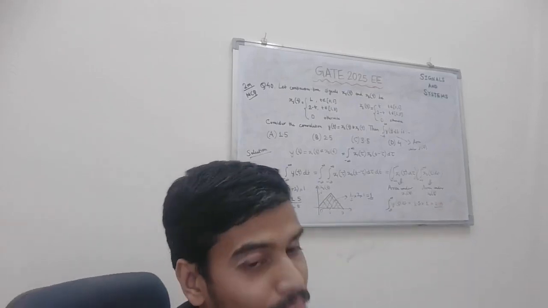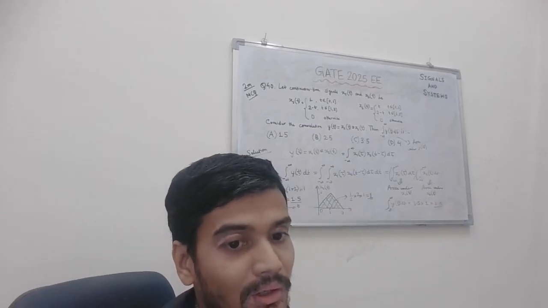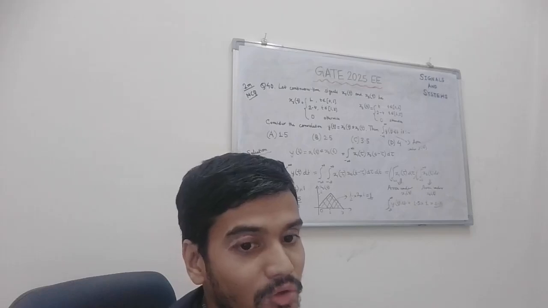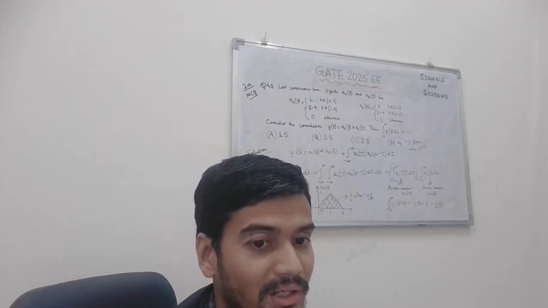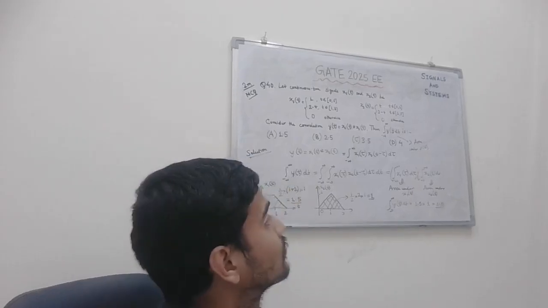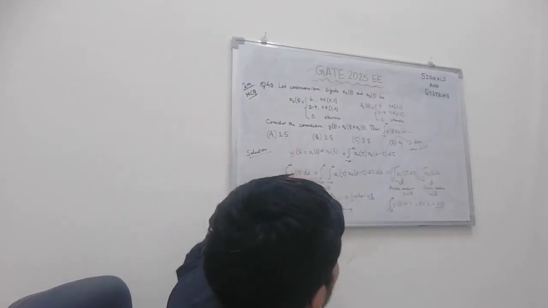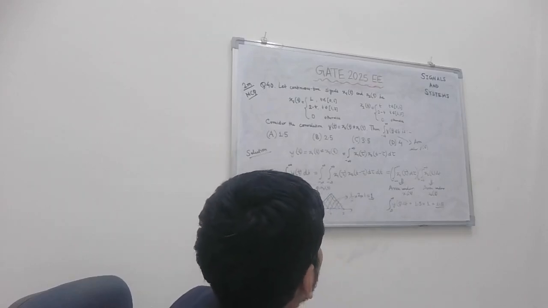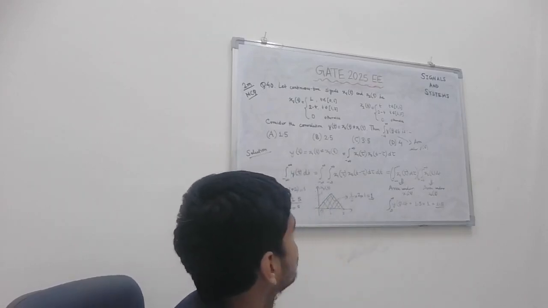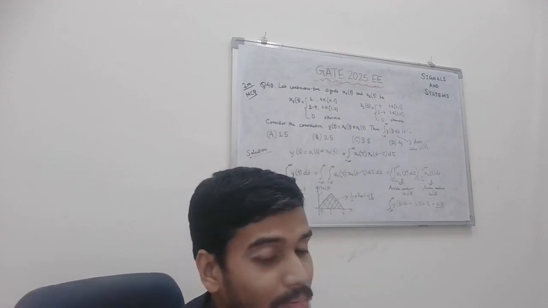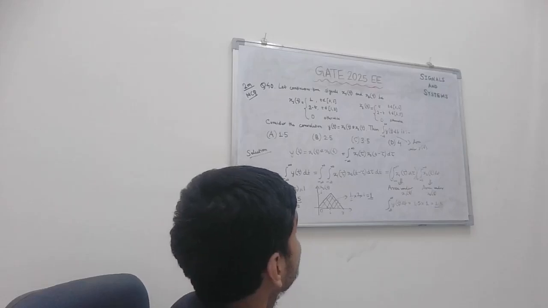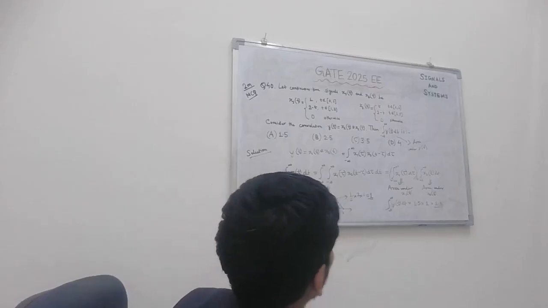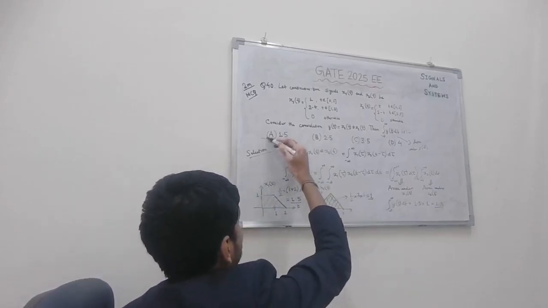So using the property that the area under the convolution of two functions is the product of the areas of the individual functions, and also showing it mathematically using the steps, we obtained the answer to the question as 1.5, which matches option A.